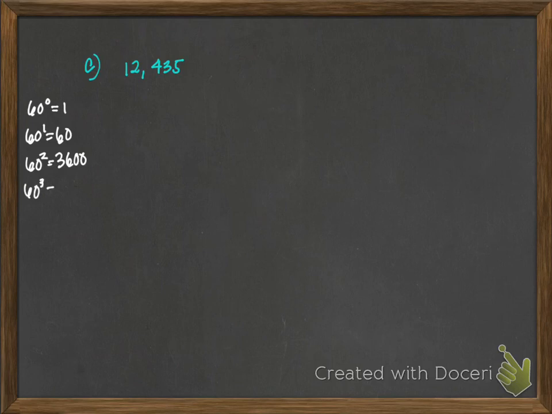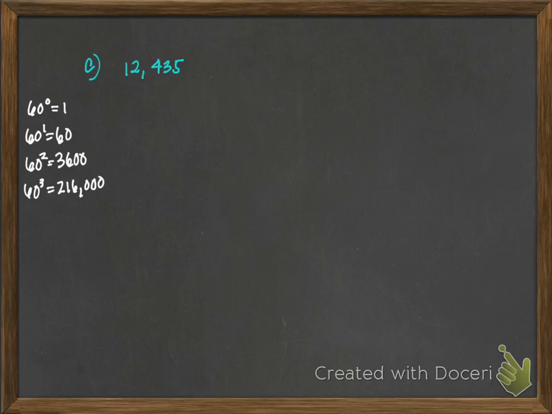Okay, last one, part C. Part C says I have to convert 12,435 to a Babylonian numeral. Once again, 60 to the 0 equals 1, 60 to the first equals 60, 60 squared equals 3,600, and 60 to the third is 216,000.